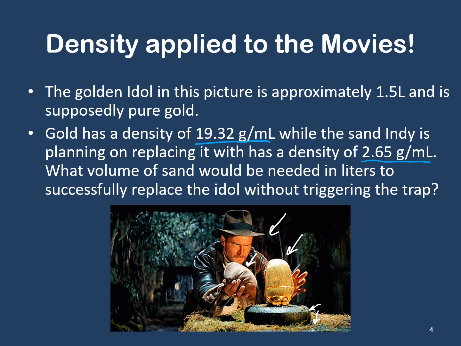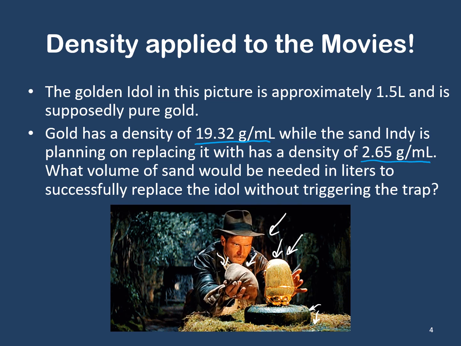And what he's trying to do is compare the volume of this bag to the volume of the golden idol. They look approximately close in volume, but they are much different in mass. And that is the thing that the trap is concerned with.